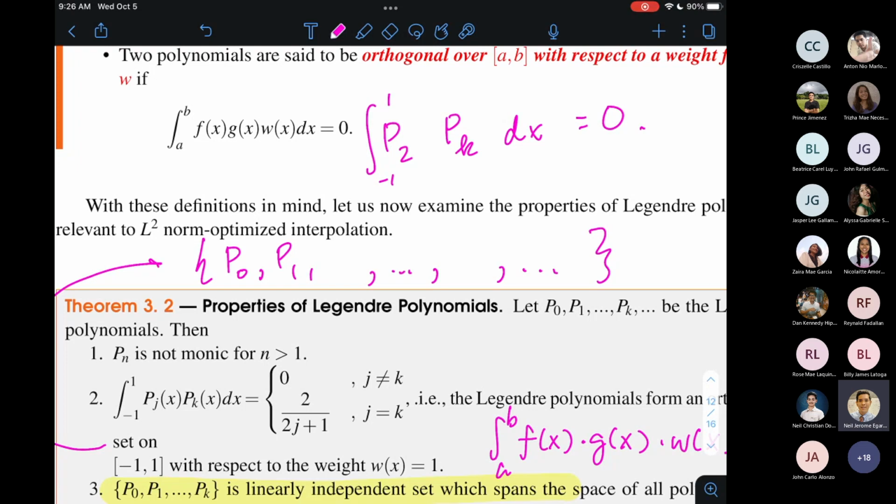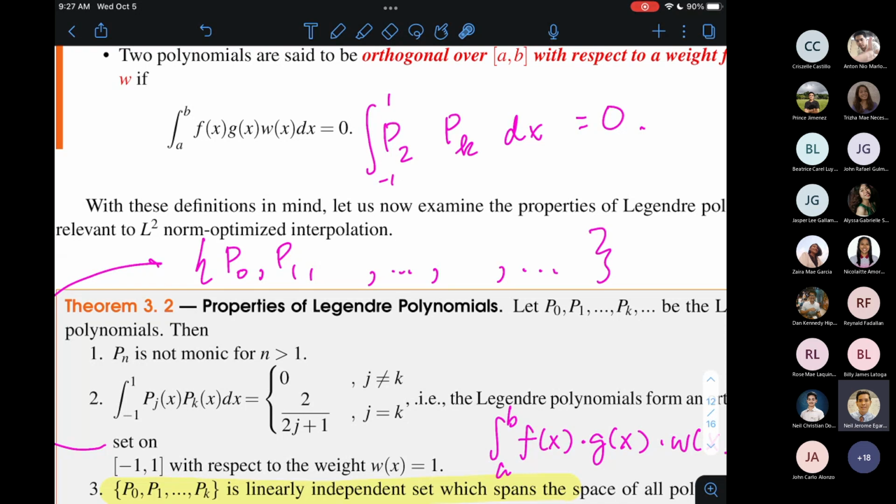Kaya sila orthogonal with respect to the weight function w of x equals 1 dun sa interval -1 to 1. Okay? So pwede mo ring sabihin na si P sub j at saka si P sub k ay orthogonal silang dalawa, basta si j ay not equal to k. So halimbawa, si P1 ay orthogonal kay P2. Si P3 ay orthogonal kay P0. Si P7 ay orthogonal kay P sub 100. Kasi sure tayo by property 2 yung integral ng product nila ay equal kay 0.